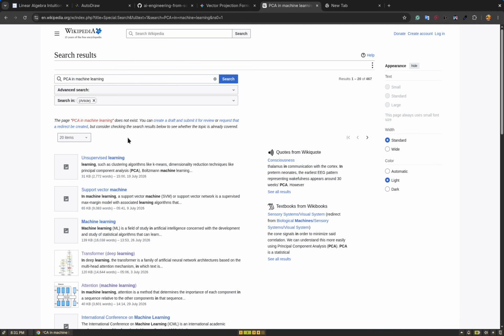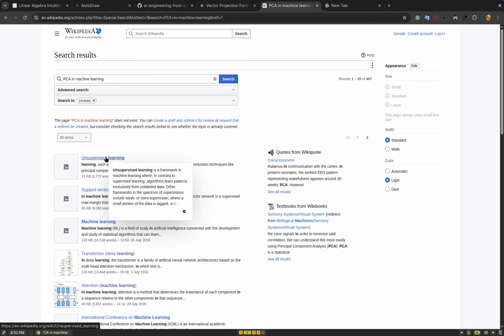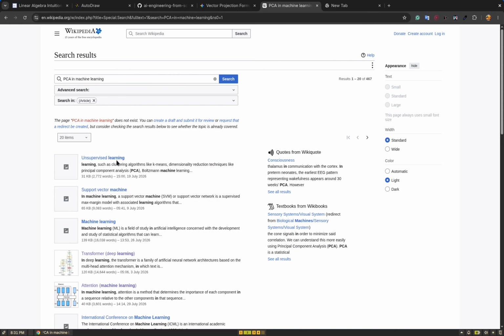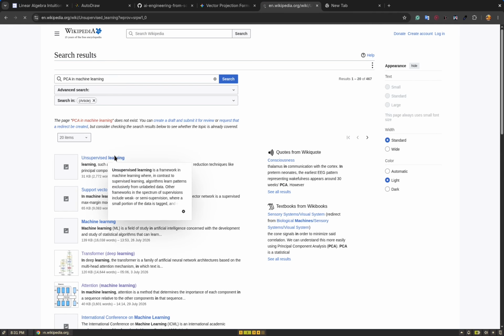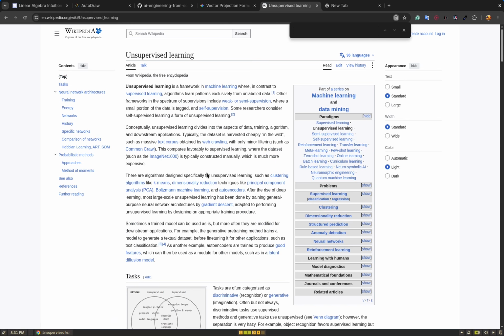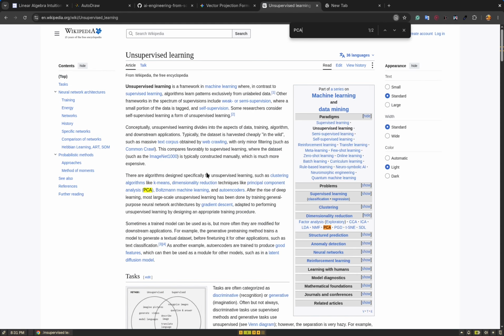PCA in machine learning, unsupervised. Oh, there it is: PCA, principal component analysis. Okay.